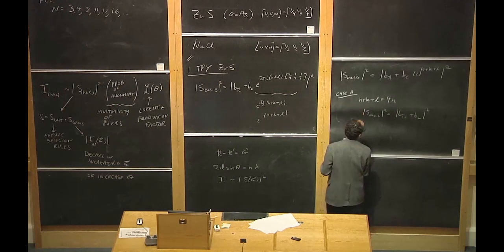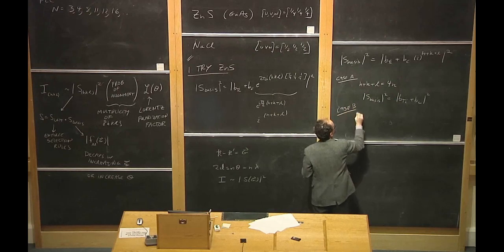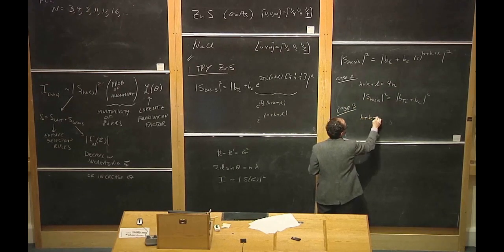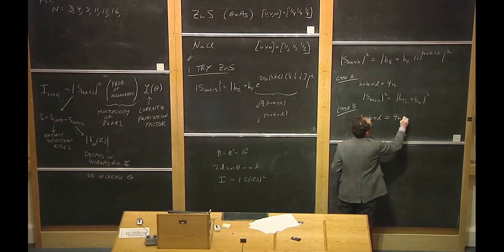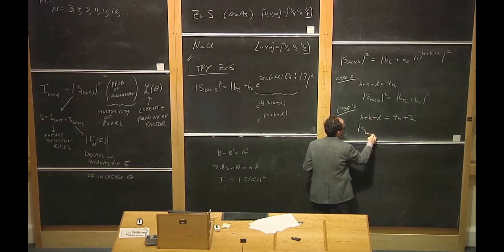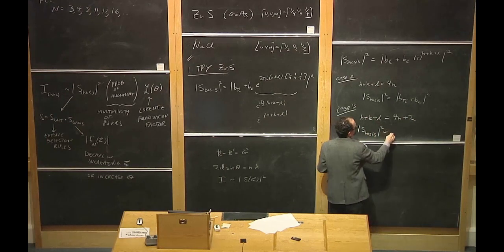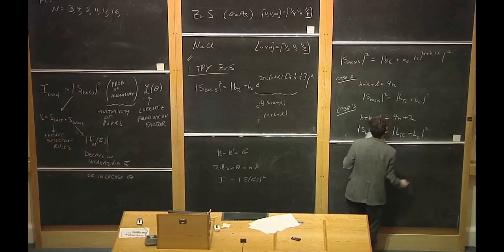The second possibility, case B, is H plus K plus L is still even, but it's not a multiple of 4. So we'll call it 4n plus 2, in which case we get S basis squared equals B titanium minus B carbon, squared.